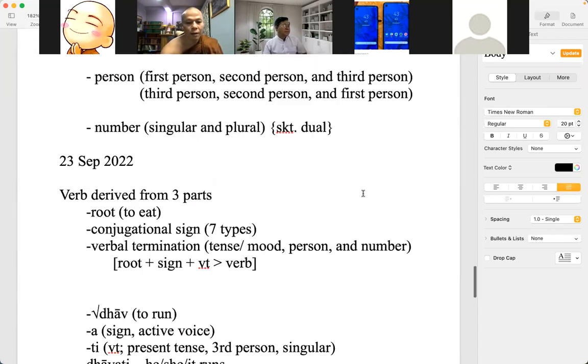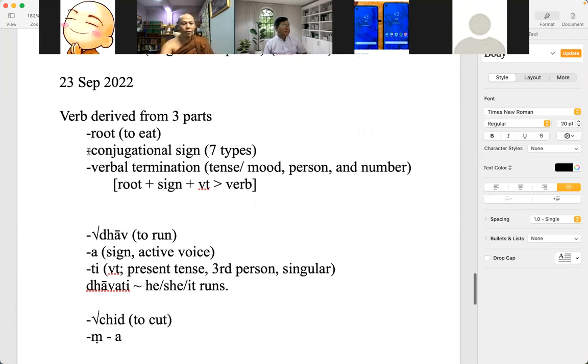Right here, go down. Stop. Yeah. So in terms of functions and purpose of the verb, just the root and the verbal terminations already let us know exactly the meaning. Does it make sense? So let's say when we have ti, then we would know that it's the present tense, third person singular, and together with the root, we already know the meaning of it.